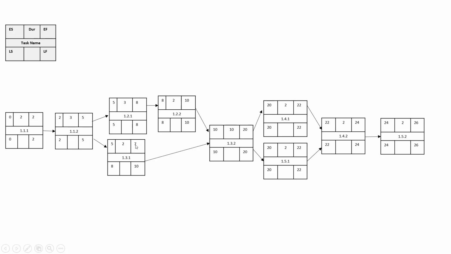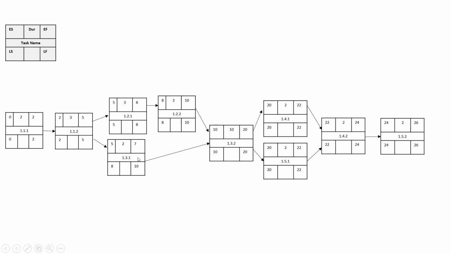Now, when you get to a task that is dependent on 2 previous tasks, and the early finish for the previous tasks are not the same, you can see here, task 1.3.2 is dependent on 1.2.2 and 1.3.1.